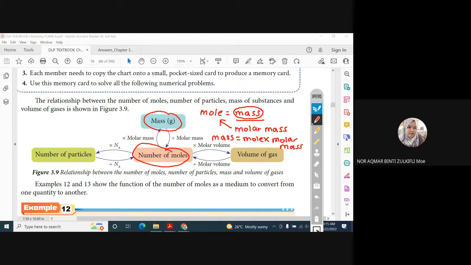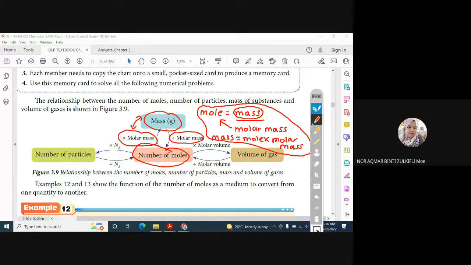So this is the relationship. If you want to find the number of moles, it is mass divided by molar mass. If you want to find mass from number of moles, you multiply by molar mass. Actually it is the same thing, so you must choose which one you can memorize more easily. For me, I love to memorize the basic one: mole equals mass over molar mass.